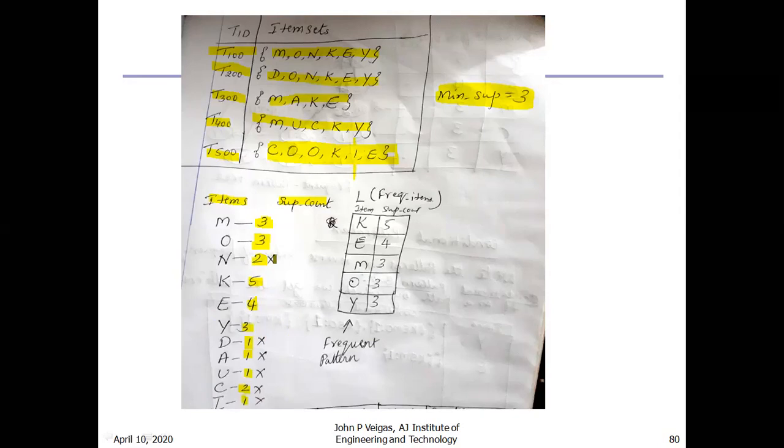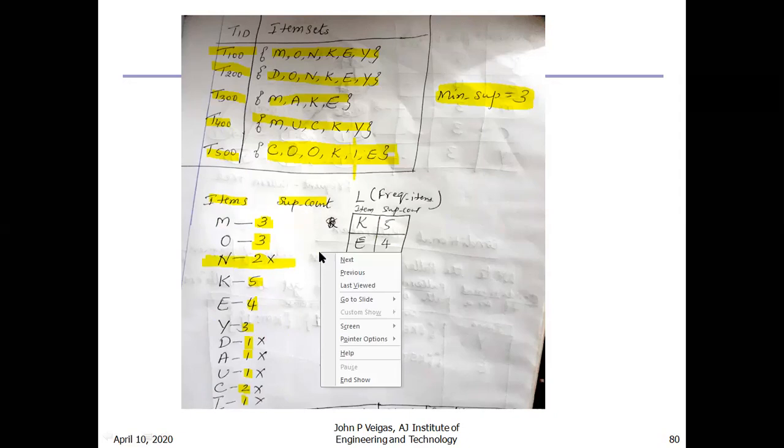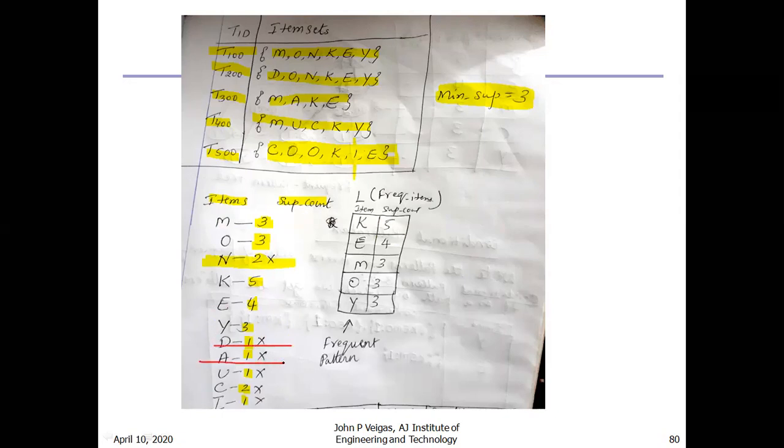Next, we need to eliminate those items whose support is less than the minimum support. So all these can be eliminated.